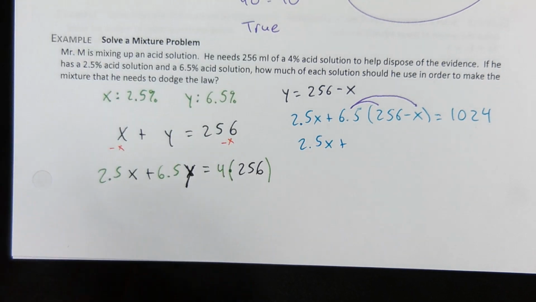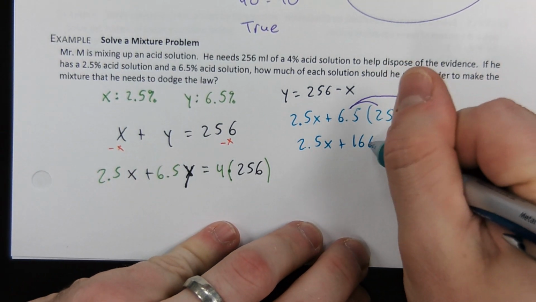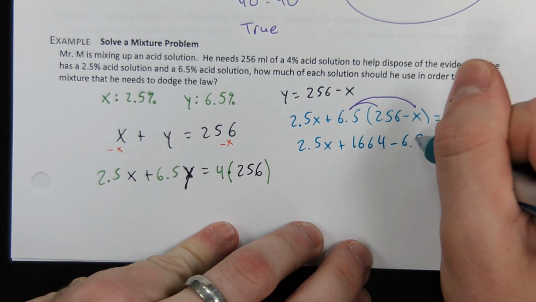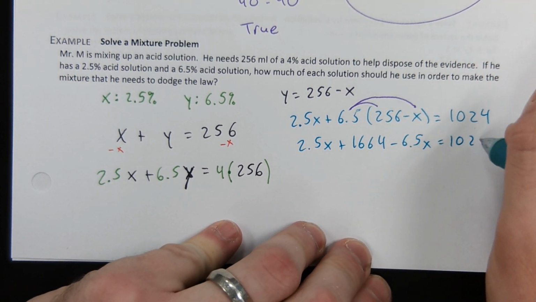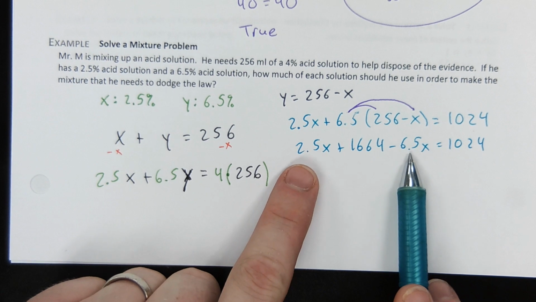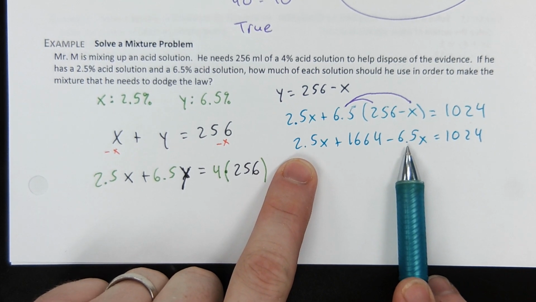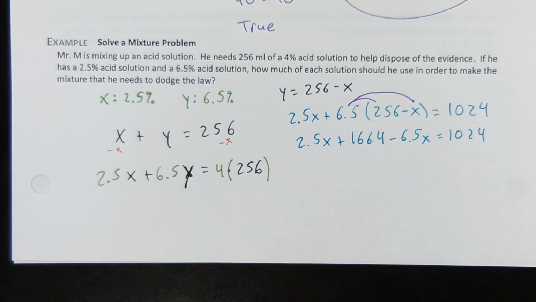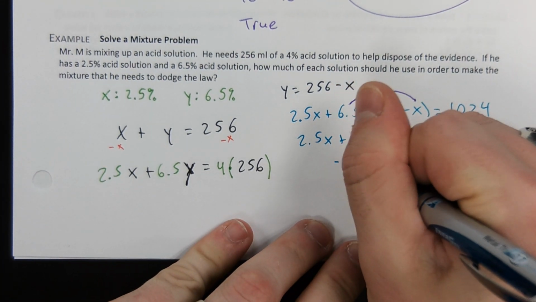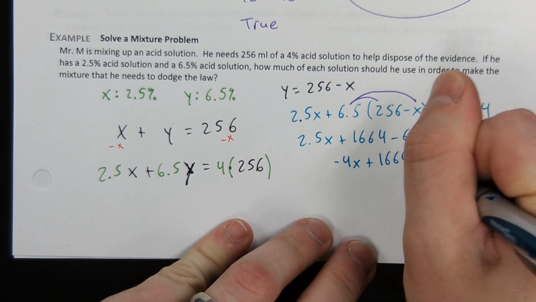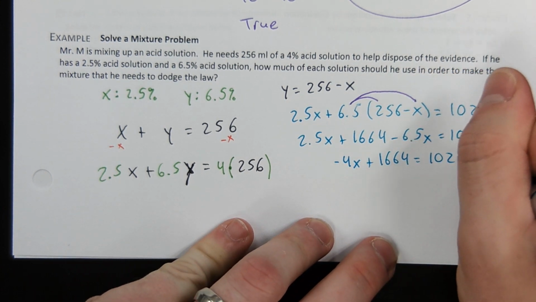Yeah, 1664. Minus 6.5x equals 1024. And these right here are like terms. 2.5 minus 6.5 is going to give me negative 4. So I have negative 4x plus 1664 is the 1024.